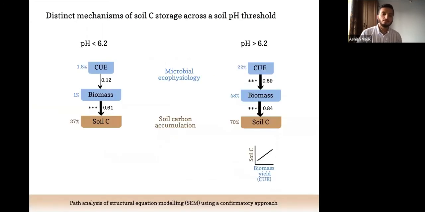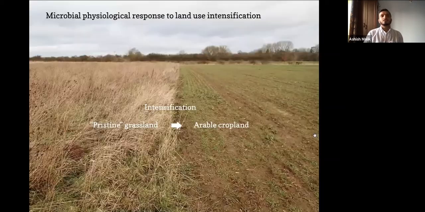And we did structural equation modeling to confirm that, and we could then confirm that the path of causality was indeed the carbon use efficiency linkages to biomass and soil carbon accumulation. Then we looked at the data sets across the two different treatments of land use intensity.